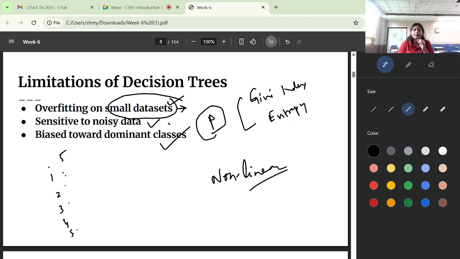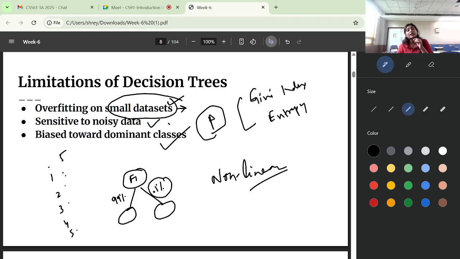Let's say you have this split at feature 1, which splits into 2 branches. Here maybe 99% of samples are there, and only 1% of samples are lying here. So it will create a branch that gives you more depth just because of this 1% of data, so it is creating overfitting as well.